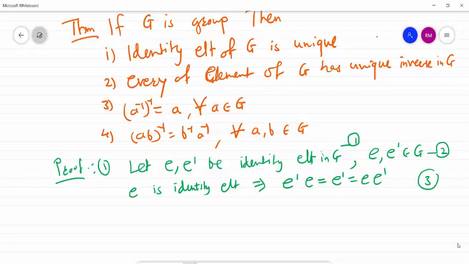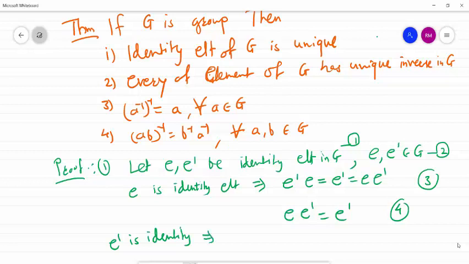Moreover, E dash is also an identity element.